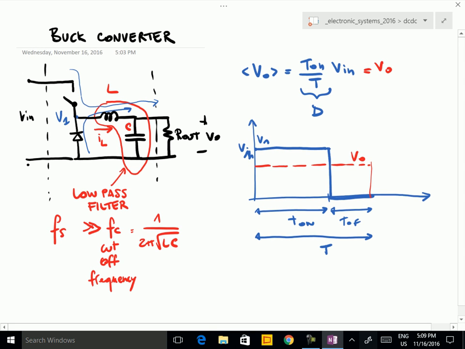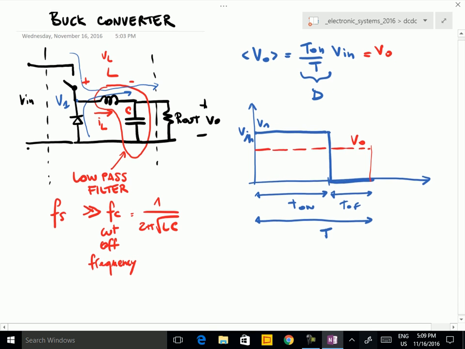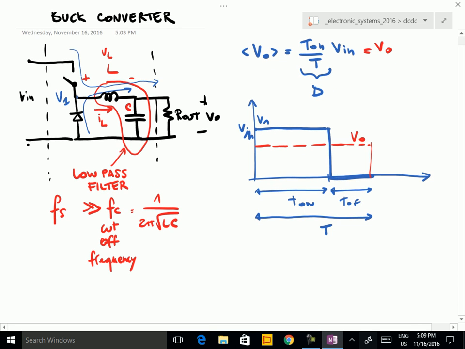Now IL depends on the voltage applied to the inductor, and of course there is a simple relationship between the voltage applied to the inductor and the current through the inductor. It is the relationship which defines an inductance, and is this one: VL is equal to L times the derivative of IL over time.